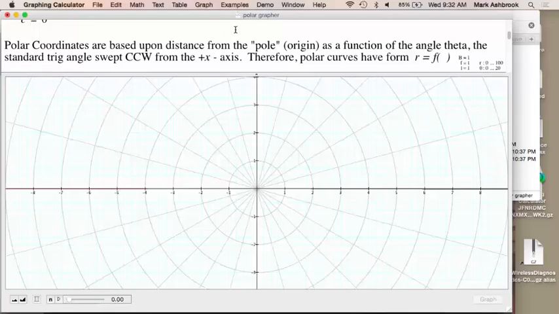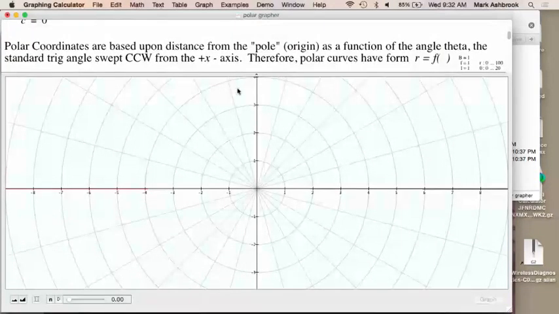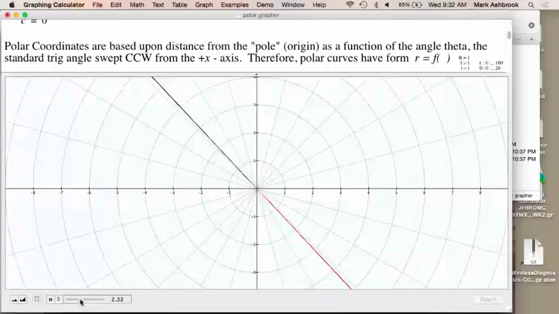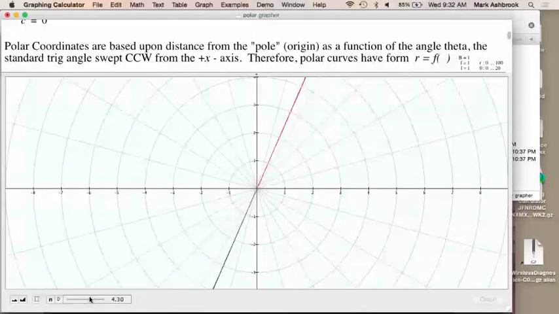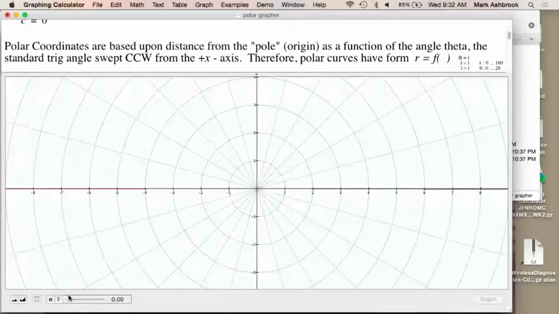And then the other coordinate we use is our standard trig angle. So we're going to sweep an angle counterclockwise from 3 o'clock. You're focusing on the black line.